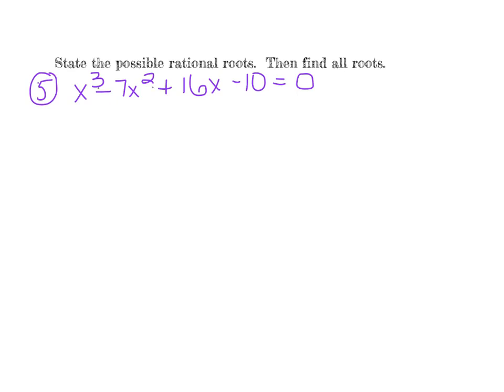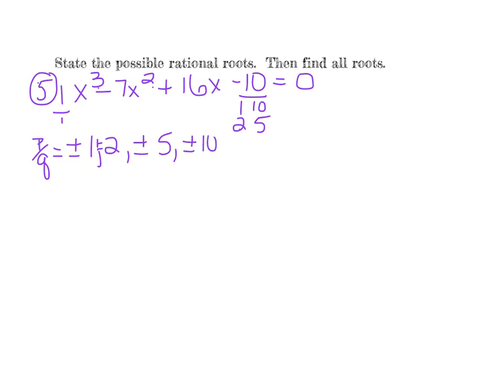Alright, factors of 10: 1 and 10, 2 and 5. Factors of 1 are just 1. So for my p over q, I have plus or minus 1 divided by 1 is 1, 2 divided by 1 is 2, plus or minus 5 divided by 1 is 5, and plus or minus 10 divided by 1 is 10.